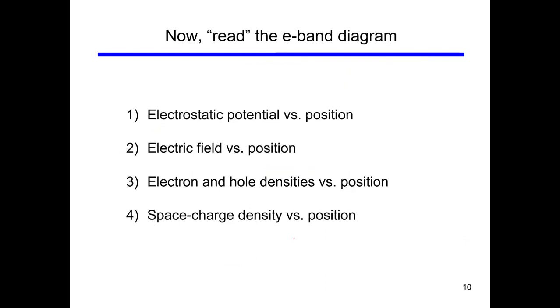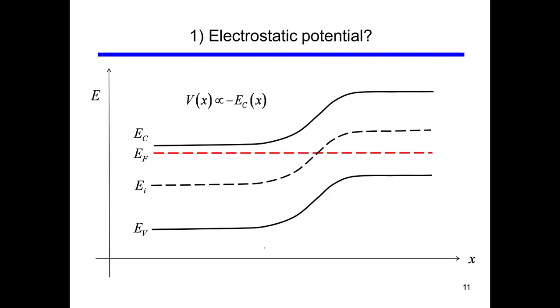So now we want to read the energy band diagram. As I told you before, the potential is proportional to the negative of the band. So if the band here is low, the V(x) will be high.